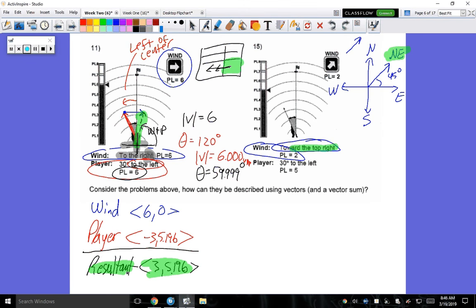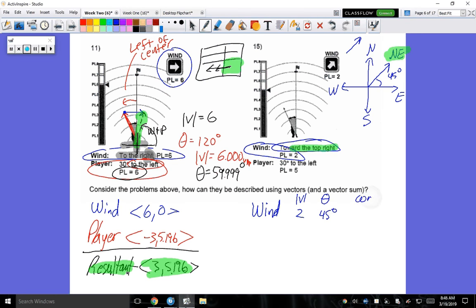Okay, so the wind's vector. Let's go ahead and put the wind's vector. So the wind has a power level of 2. So we can say that the magnitude is 2. I'm going to create the chart. The degrees, it's 45 degrees.